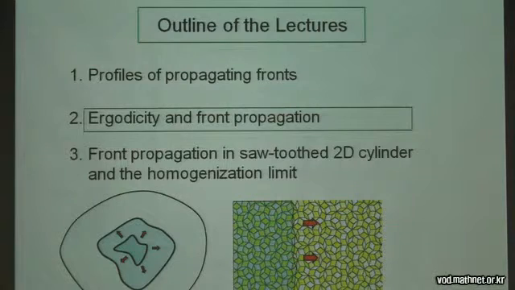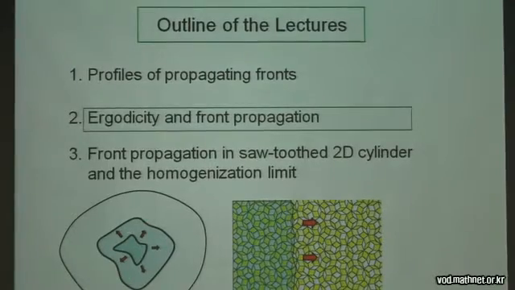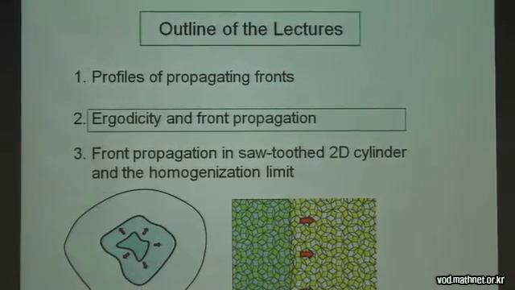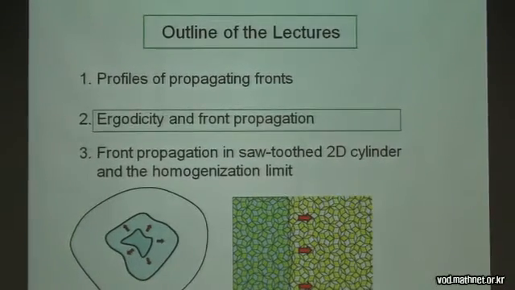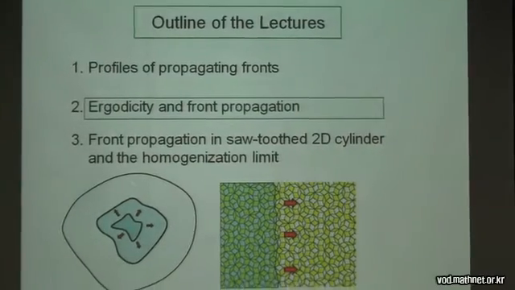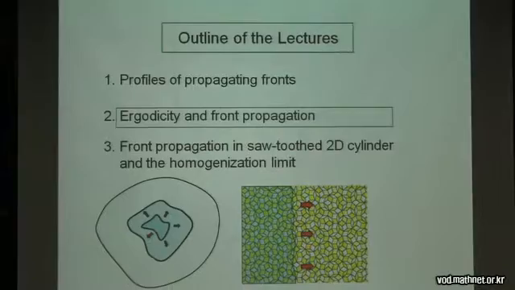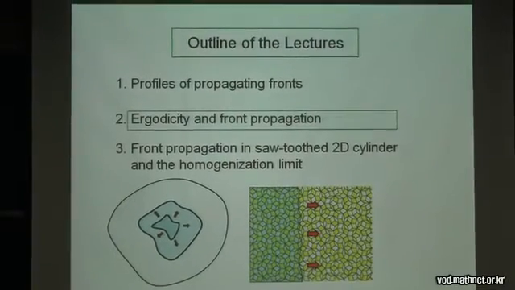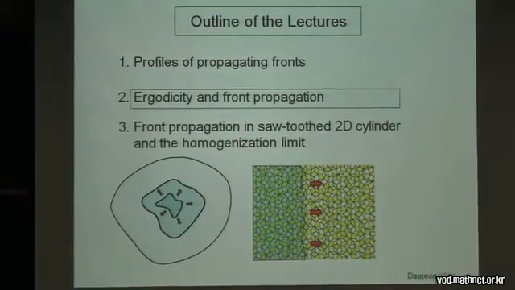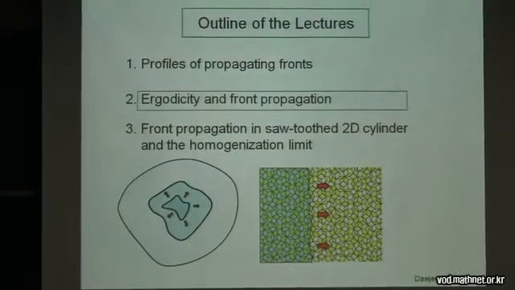In some reaction diffusion equations and systems, you can observe spreading, propagation of a front. Front is, in this context, the area where the solution changes its value very, very rapidly.